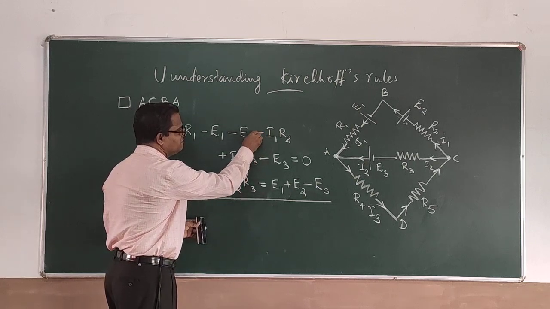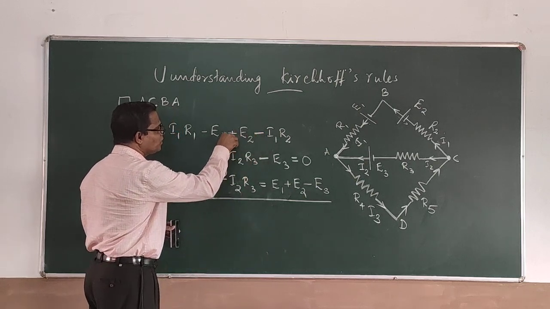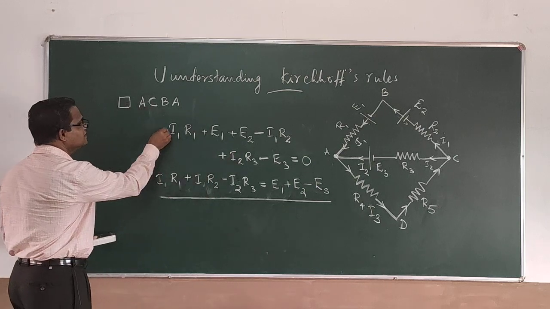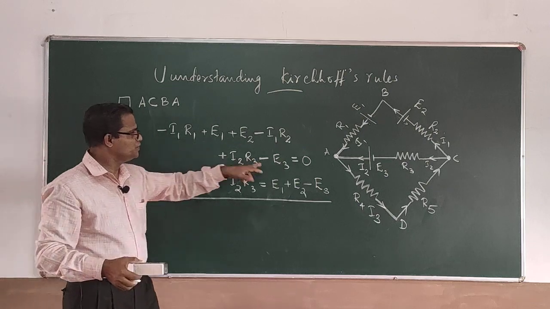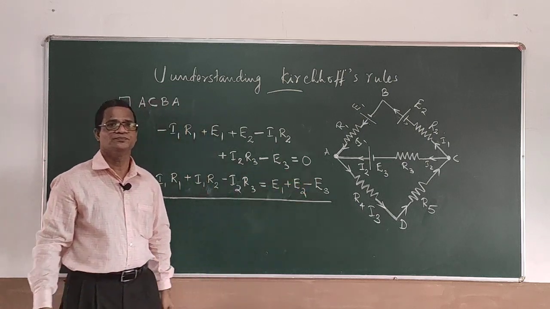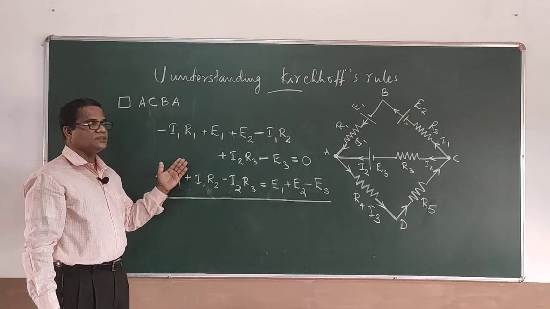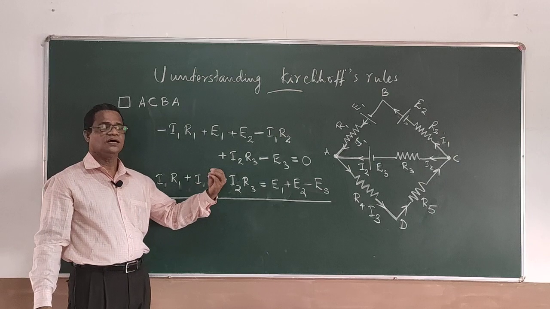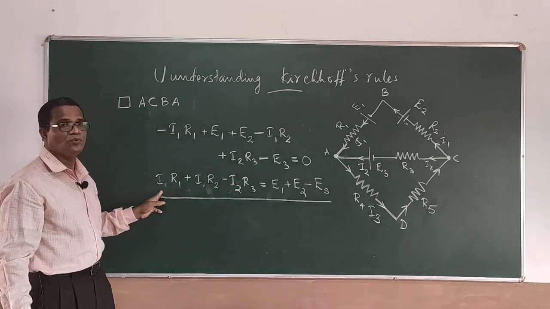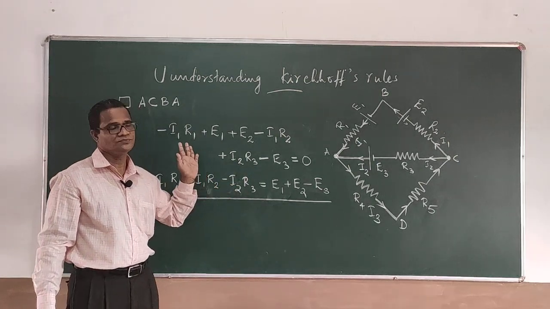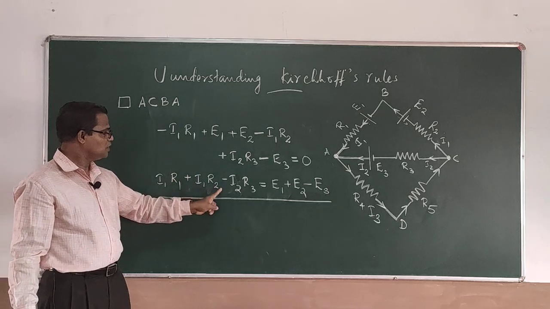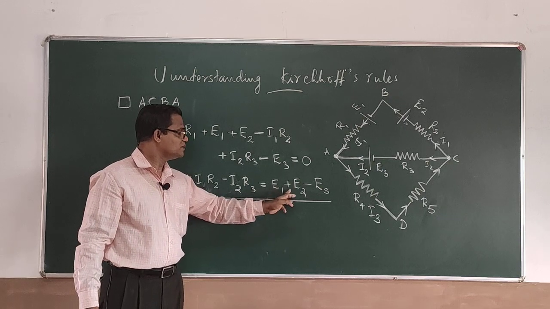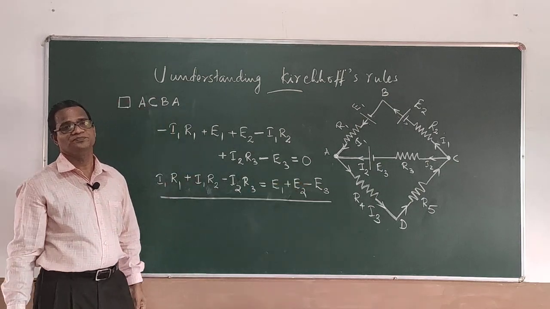This becomes negative, positive, positive, and this negative. Reaching back to A itself, that's equal to 0. Now, rearranging them, I into R's on one side and EMFs on the other side, you will be getting the same old equation: I1 R1 plus I1 R2 minus I2 R3 equal to E1 plus E2 minus E3.